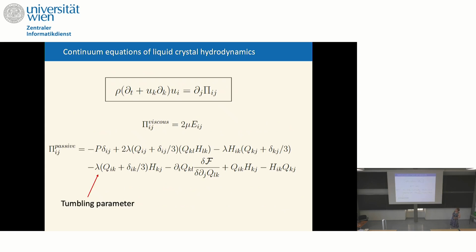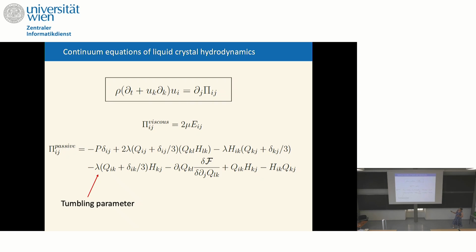And then we need an equation for the velocity. And the way I've got it written here, this looks exactly like the Navier-Stokes equation. This is the usual advective term, the inertial term on the left-hand side, which is often small in these systems because we're at low Reynolds number. And here I have the derivative of the stress tensor.